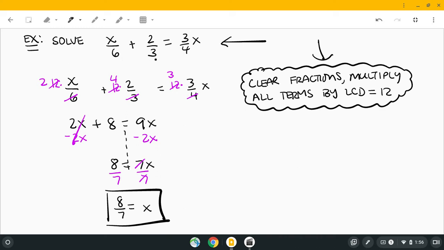Here, because we have 6, 3, and 4 in the denominators, our answer here will not affect the denominators. The answer that we get here will not cause us to have 0 in the denominator. So when we get our answer here, we don't have to check it.